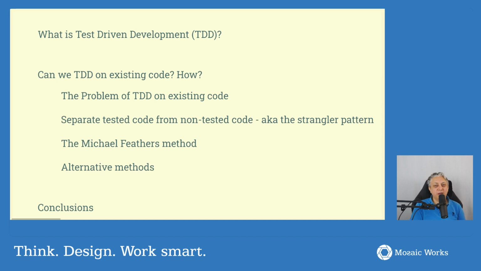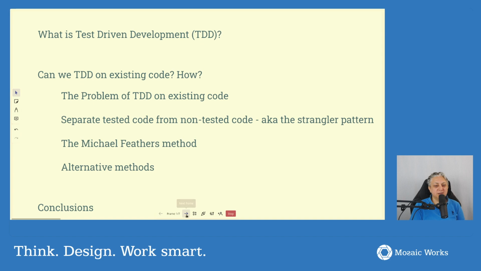We'll talk about method 1, separating tested code from non-tested code, which on a higher level is called the strangler pattern. We'll discuss the Michael Feathers method, which is about first writing tests on the code you plan to change and then add features or change it using test-driven development. And then we'll talk about an alternative method that I've mentioned on this channel before, but it fits here, so I'll go back to it. And then we'll go to conclusions.